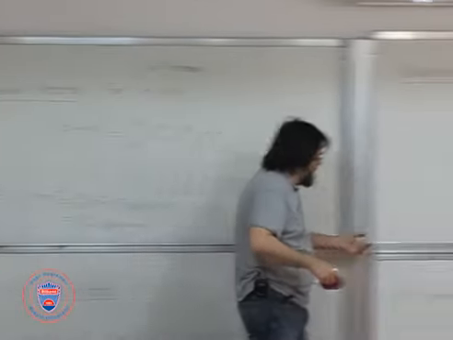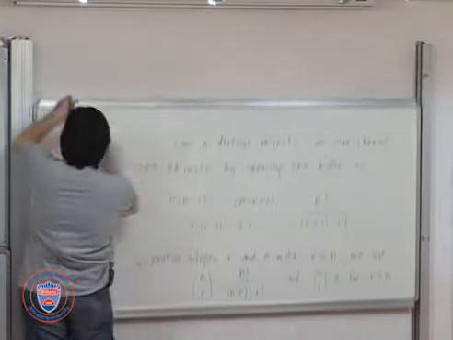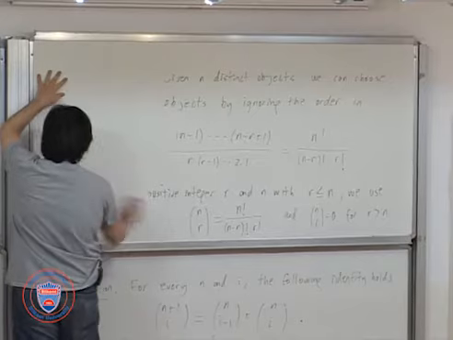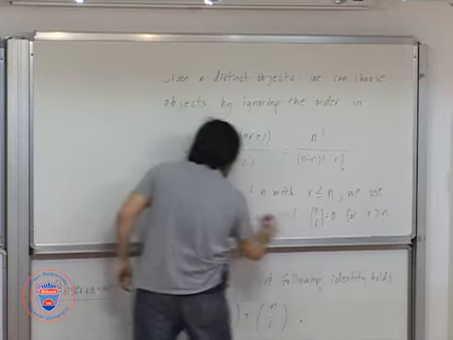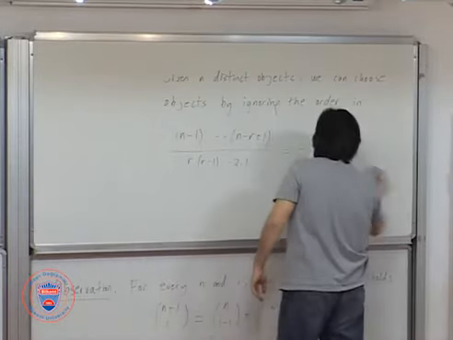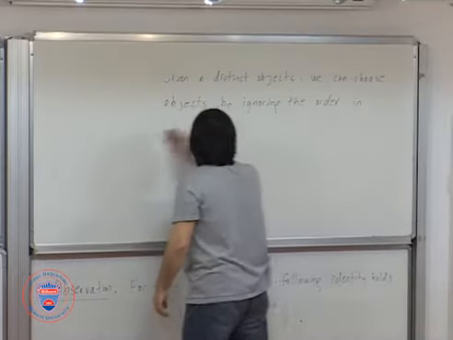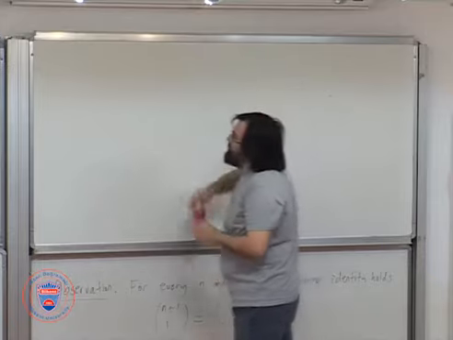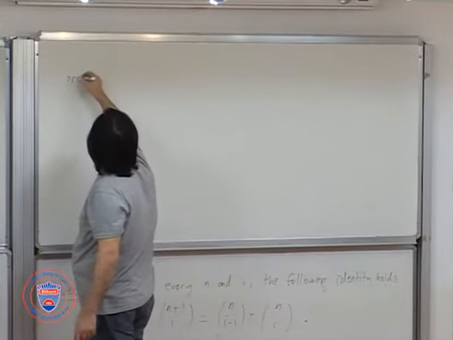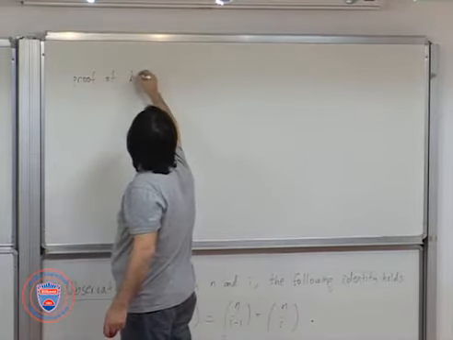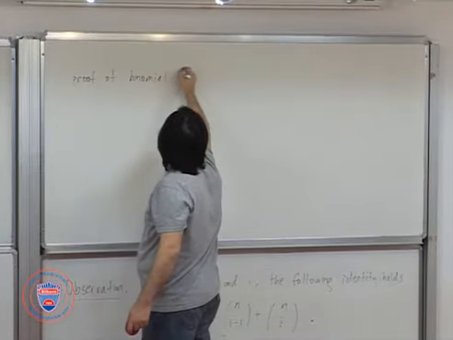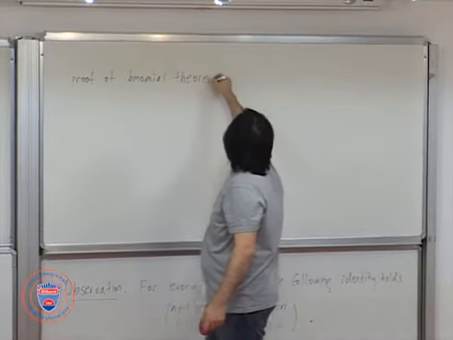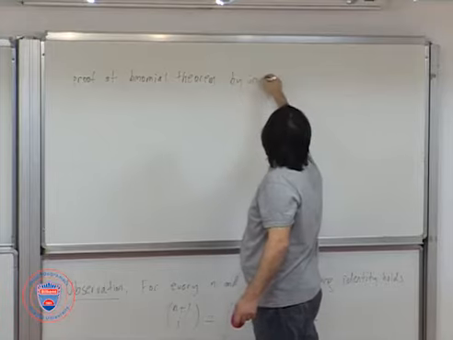Let me go to here. So let's call this a proof of the binomial theorem, by induction. We'll be doing it by induction.